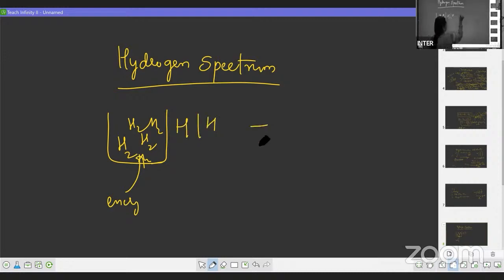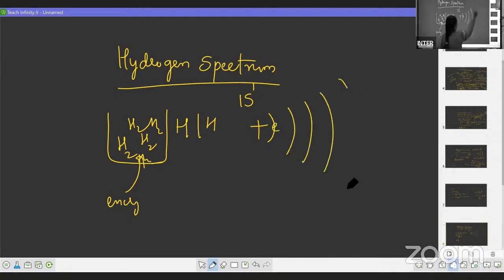Now, the electron in the hydrogen atom, you know the electronic configuration is 1s1, so the electron is in the first orbit. Since you are supplying energy, the energy of the electron increases. So when the energy increases, the electron tries to go to a higher state, because with the extra energy it cannot stay in the small orbit.